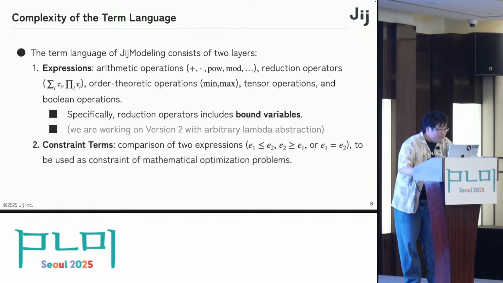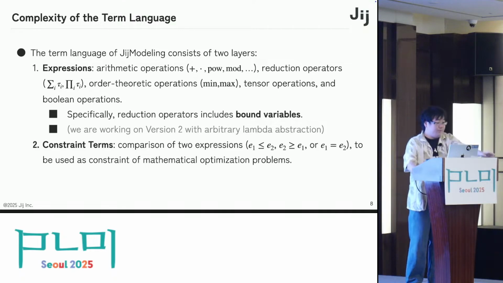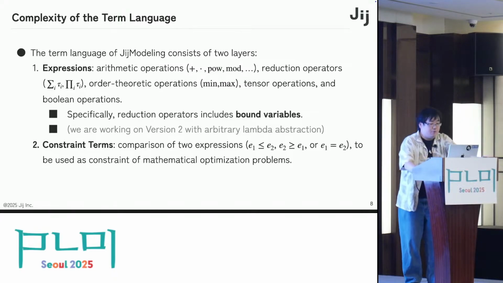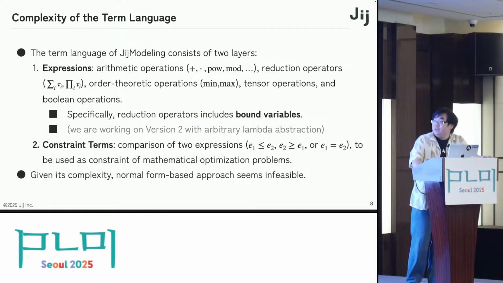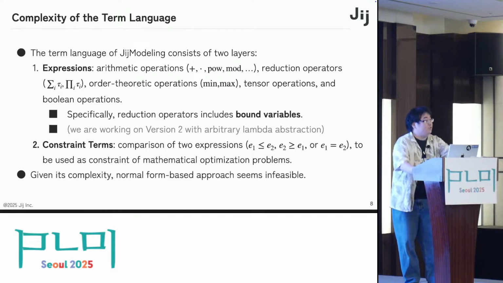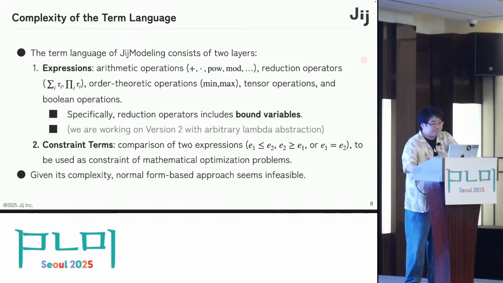The other layer contains constraint terms: comparisons of two expressions to be used as a constraint of mathematical optimization problems. We don't think any feasible complete normal form can be defined for it, so we decided to use e-graphs.